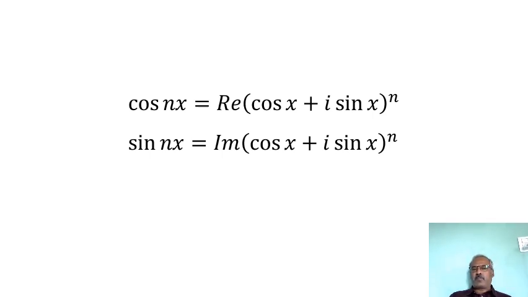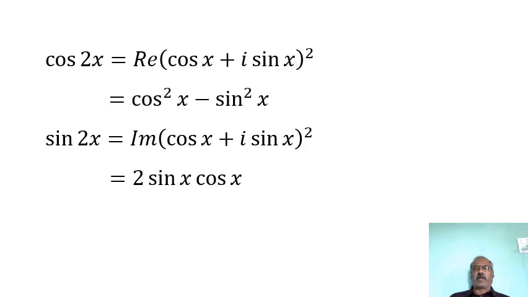Since cos x plus i sin x whole raised to n can be expanded using the binomial theorem, we are able to quickly get the expressions for cos nx and sin nx in one form. Of course, there are many equivalent forms in which that expression can be transformed. Let us look at that more carefully.